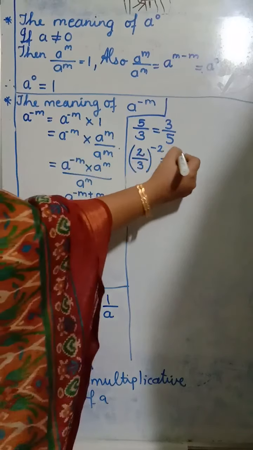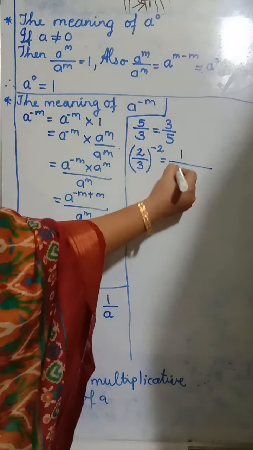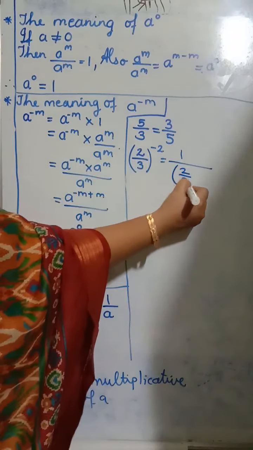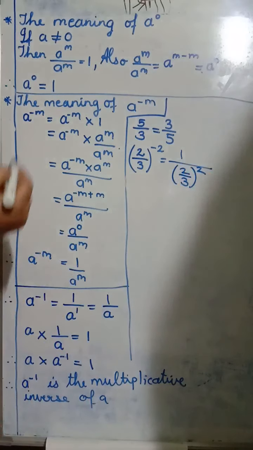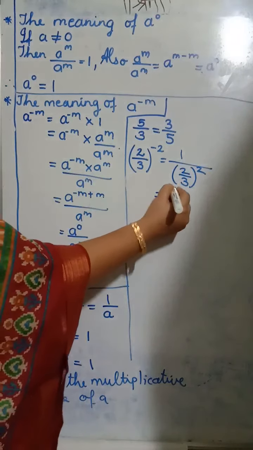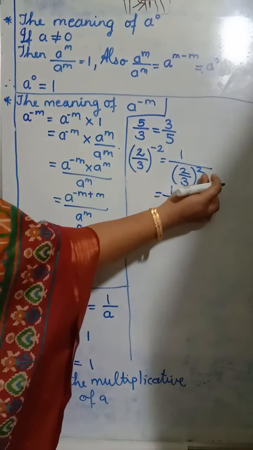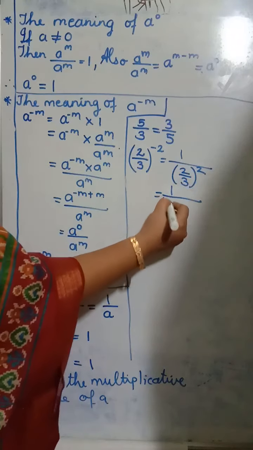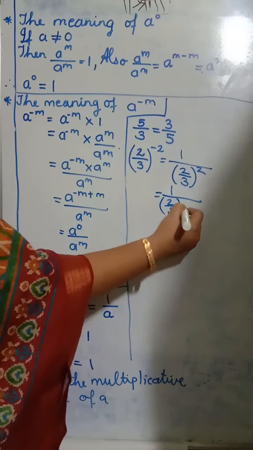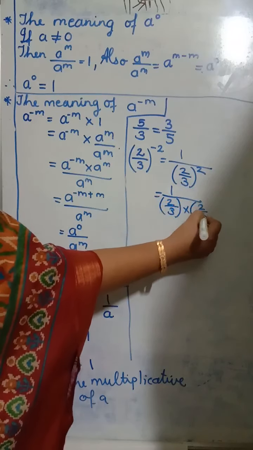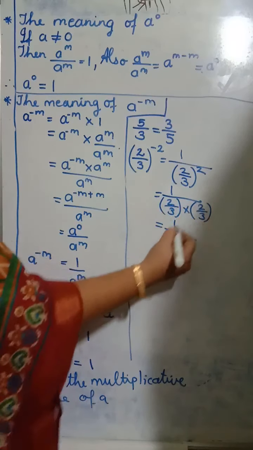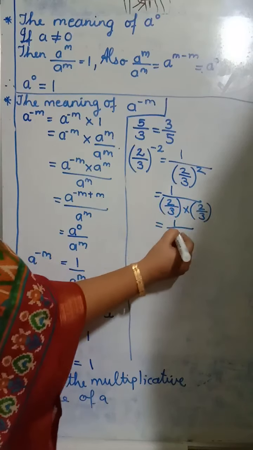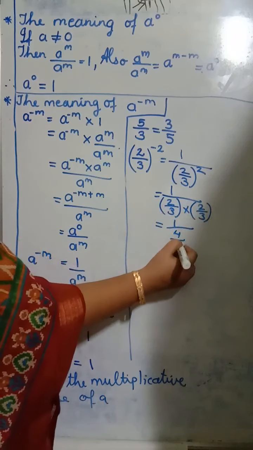So can we write this as 1 upon 2 upon 3 raised to positive 2? Yes. Now equals to 1 upon 2 upon 3, is it 2 times? So what we will write? 2 upon 3 multiplied by 2 upon 3. That is equal to 1 upon 2 2s are 4 upon 3 3s are 9.